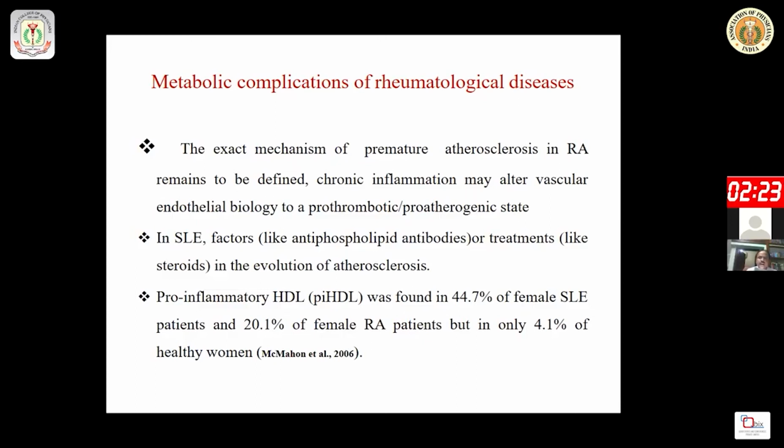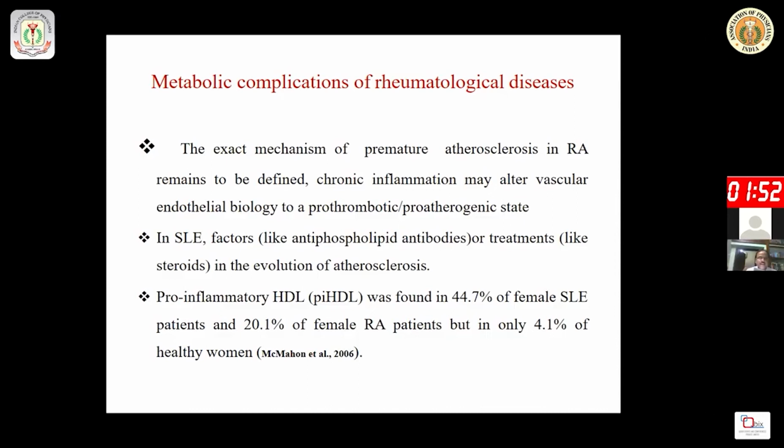It may alter the vascular endothelial biology to a prothrombotic and proatherogenic state. In SLE, in addition to premature atherosclerosis, other factors like anti-phospholipid antibody and treatment like steroid are also responsible for development of premature atherosclerosis.